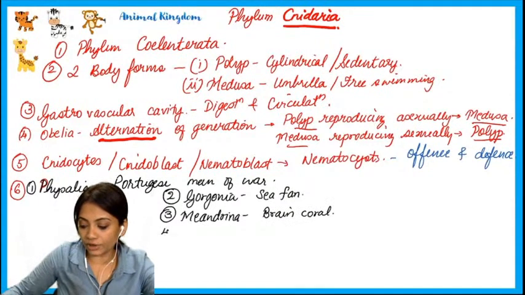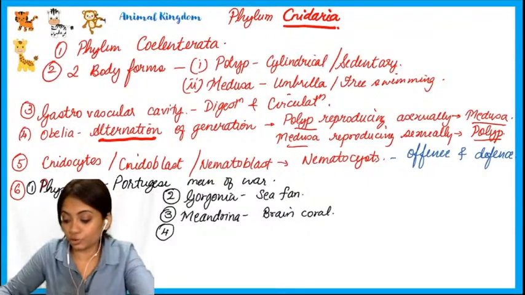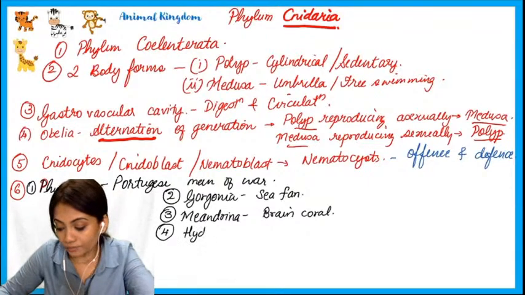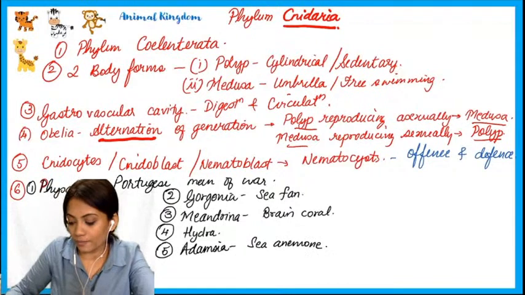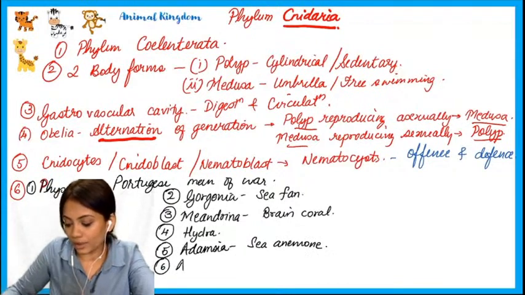Okay, after that we moved on to the next one, Hydra. Okay, then we had Adamsia. What was Adamsia? It was nothing but sea anemone. Okay. Then we have Aurelia. What was Aurelia? Nothing but jellyfish.